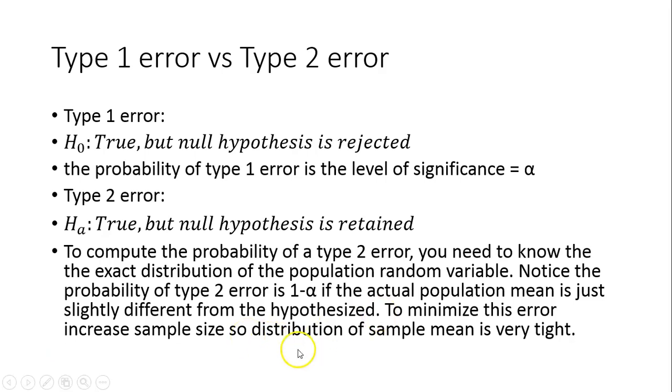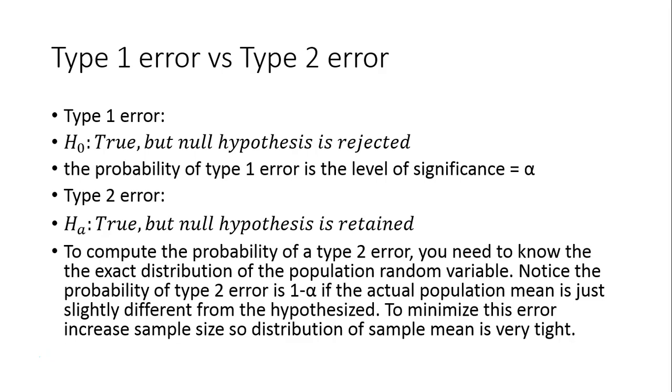okay? So the distribution of sample mean is very tight. So to minimize this error, because if you get close values of x bar to your mean, you're always going to retain the mean, pretty much, if your sample size is very small.